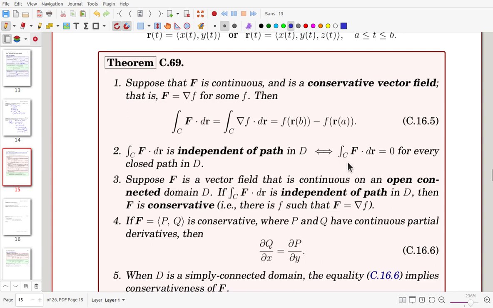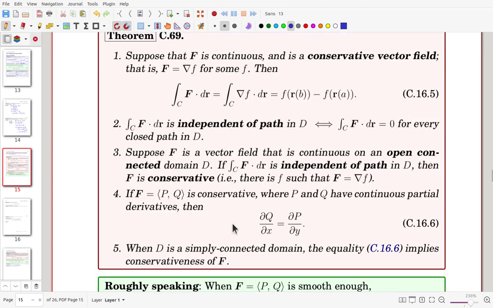If you choose a closed path, then the integral must be 0. That is the same as, for arbitrary beginning and end points, you can choose various curves, paths, but the integral must be the same. So that is independent of a path. Okay.